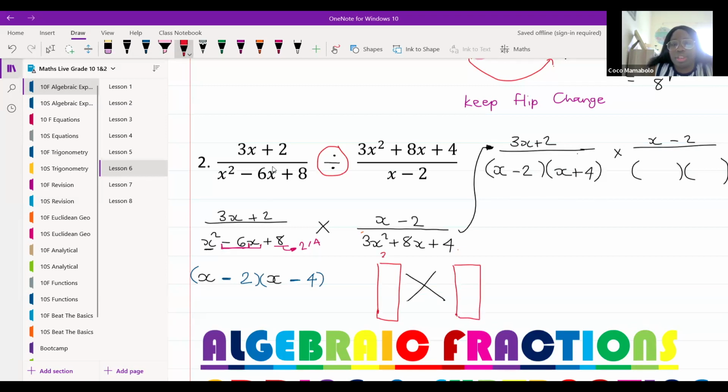This is for 3x squared, and this over here is for 4. Now, let's start with the factors of 3. What factors of 3 do we have? Good, 1 and 3. And I know that the factors of x squared are going to be x and x, because x times x gives us x squared.